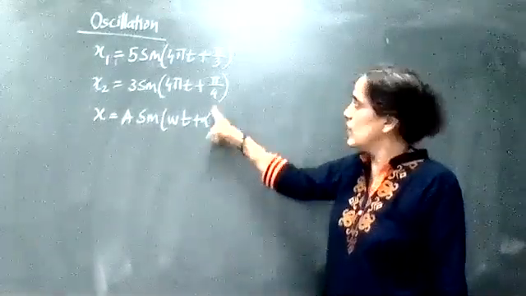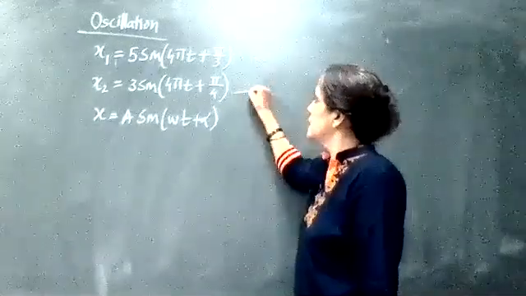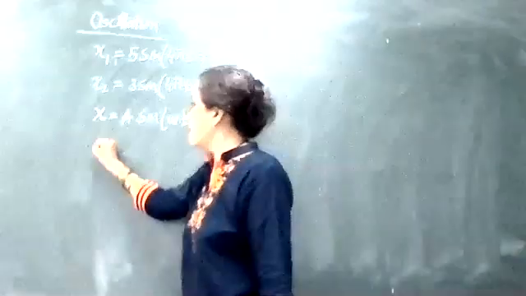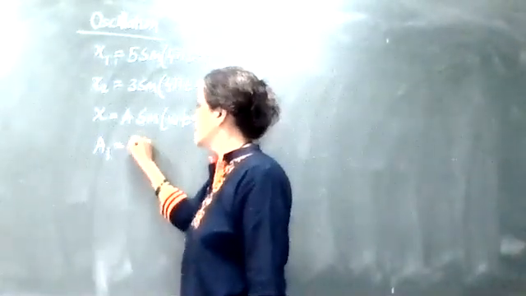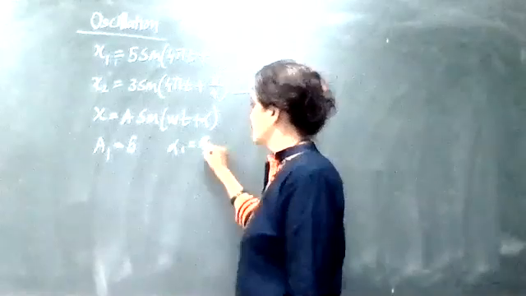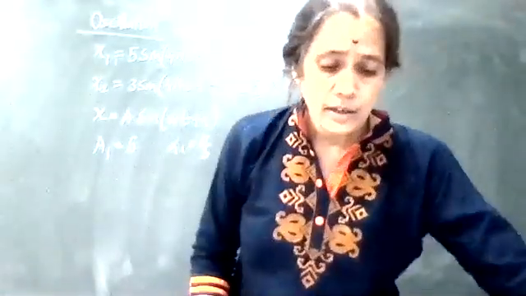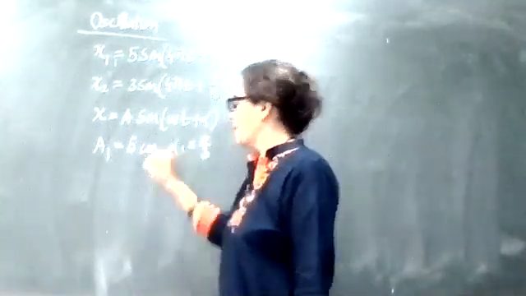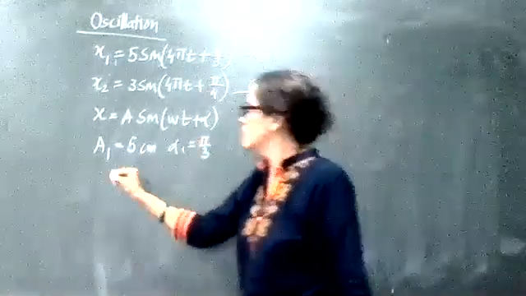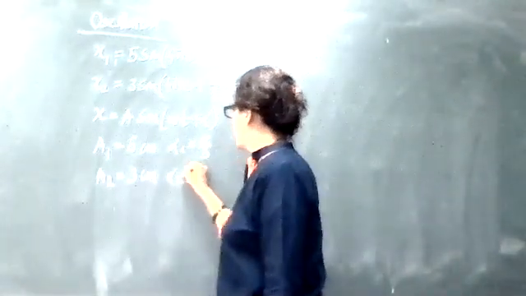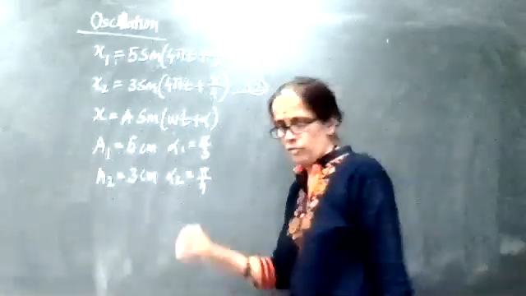Comparing the first equation, I get the amplitude A1 equal to 5, and alpha 1 equal to pi by 3. The SHMs are given in centimeters, so I'll say 5 centimeter. Comparing the second equation x2, I am getting A2 equal to 3 centimeter, and alpha 2 equal to pi by 4.